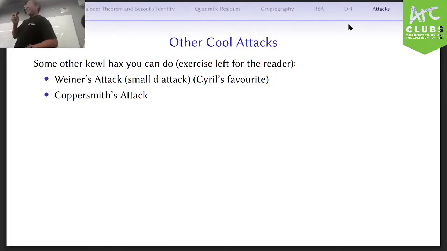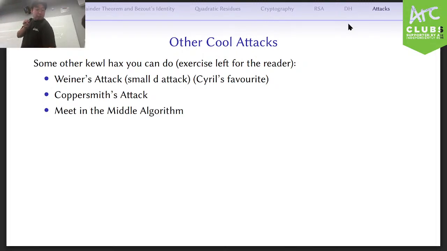There's Smith's attack, which is a really common attack on RSA, quite popular. There's the meet in the middle algorithm. This is an algorithm that slightly speeds up, I think, discrete log or factorization, like brute force. It's a more efficient brute force algorithm that can crack RSA slightly quicker than normal, which might be useful when some of your parameters are a bit small.